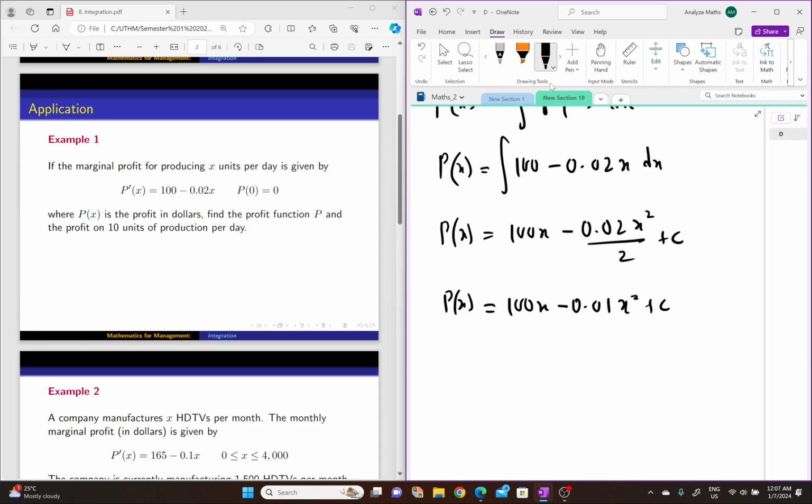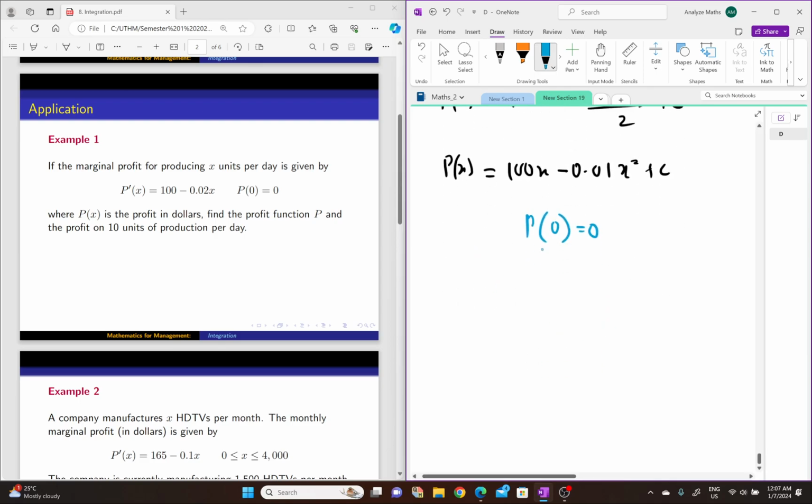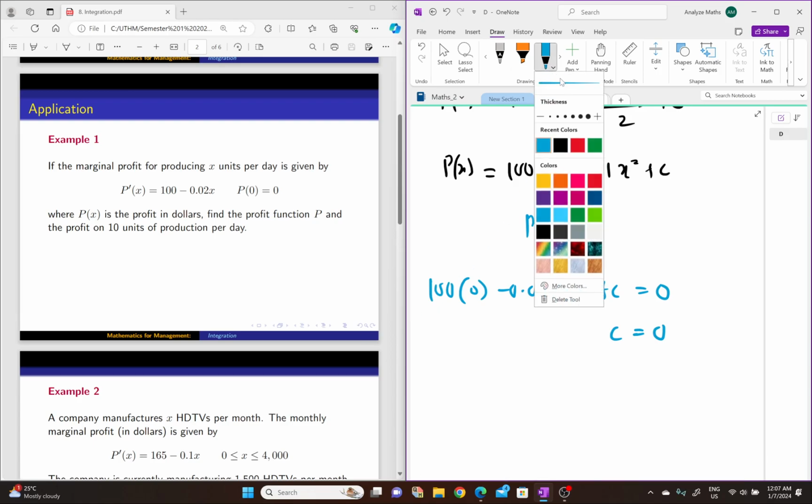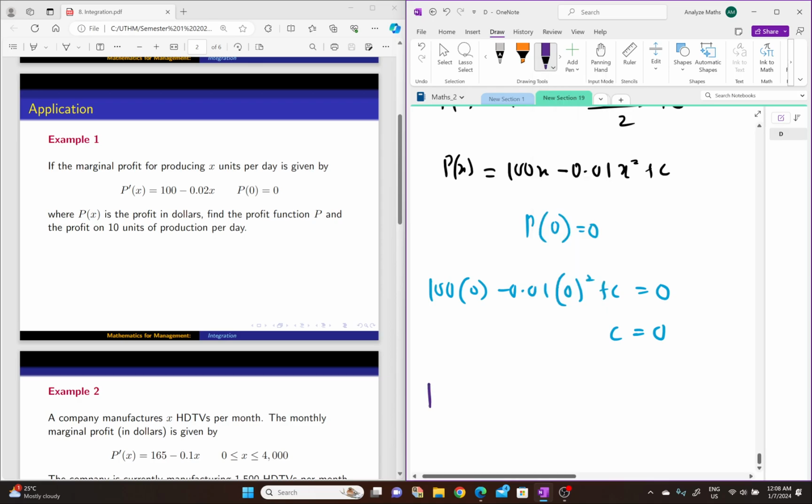The hint they have given here is P is 0. When you replace x equal to 0, the whole thing is 0. So c is equal to 0. So we found the c already, and rewrite back the function. We found the function. This is the profit function.